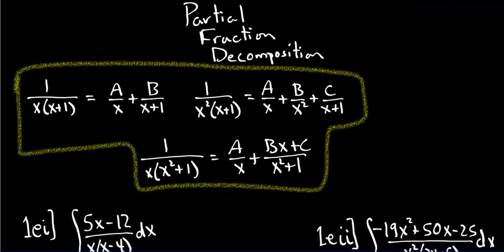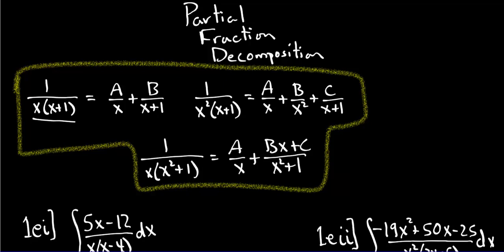Now let's look at a couple of integrals where we need to use partial fraction decomposition. Now remember, when we're looking at how we decompose these fractions, if we just have linear factors like this first one, it's very simple. You have a over the first factor plus b over the second.